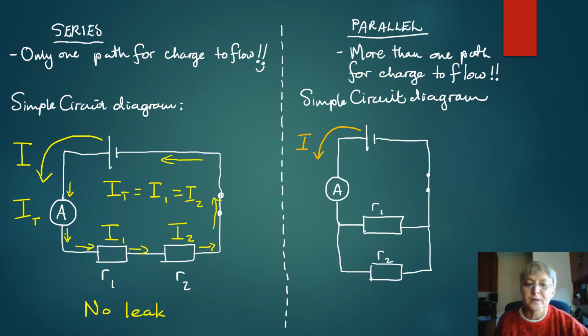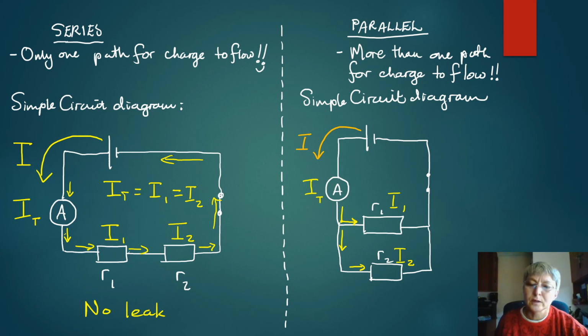The ammeter is measuring the total current coming from the battery, so here we have the total current flowing through the ammeter. But at this point here, the current can split. Part of the current will flow through R1, we'll call that I1, and another part of the current will flow through R2, we'll call that I2.